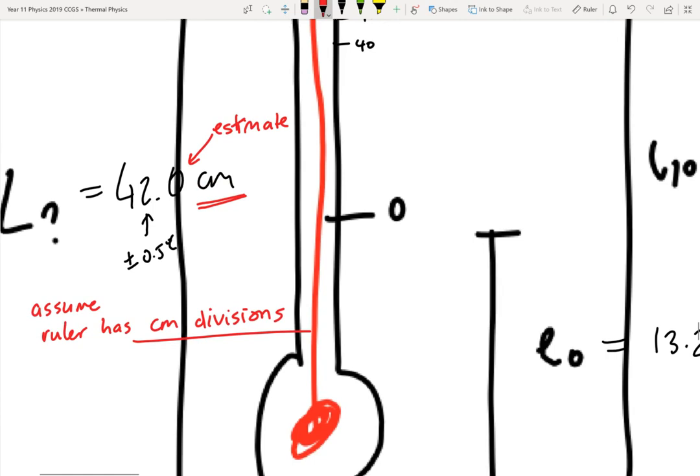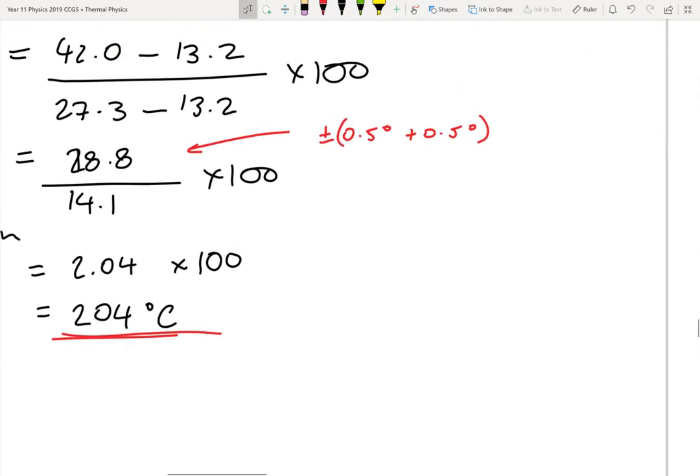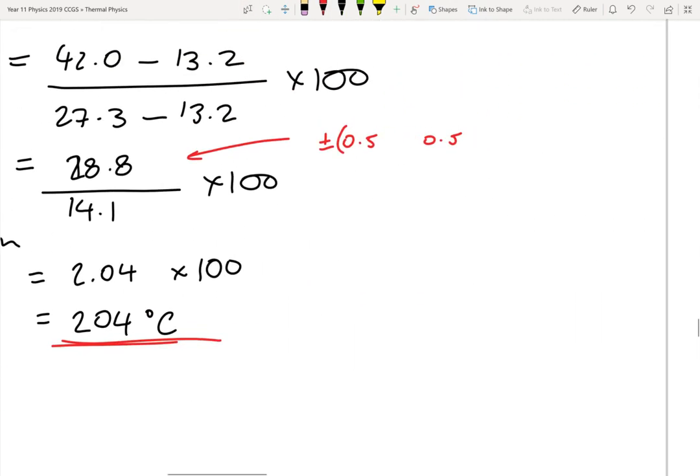Okay, apologies there. It is an estimate, and that should have been 0.5 centimetres, not degrees Celsius. Thank you. All right. So over here, plus or minus 0.5. Plus or minus 1 centimetre, or using the addition rule, 1.0.